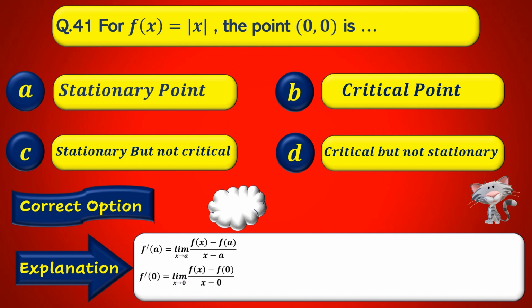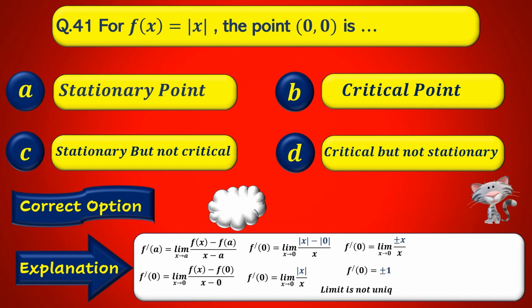We replace a by 0 and replace f of x by mod x, and we get f dash 0 is equal to limit x approaches 0 of mod x over x, and it becomes limit x approaches 0 of plus minus x over x. So the derivative of the function at x is equal to 0 is plus minus 1. So the limit is not unique. So the derivative doesn't exist. It means that there is no tangent line at x is equal to 0. So the point is a critical point. So option B is the correct option.